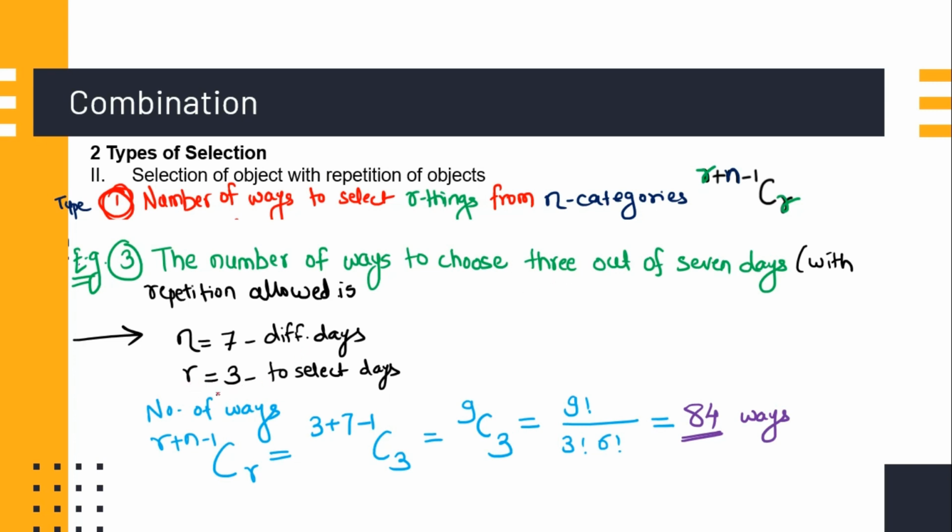So R is 3. So we will go by this equation, R plus N minus 1 C R, and we get 3 plus 7 minus 1 C 3, which is equal to 9C3. If we calculate this, we'll get that there will be 84 ways in which we can choose 3 days out of 7 days with repetition allowed.